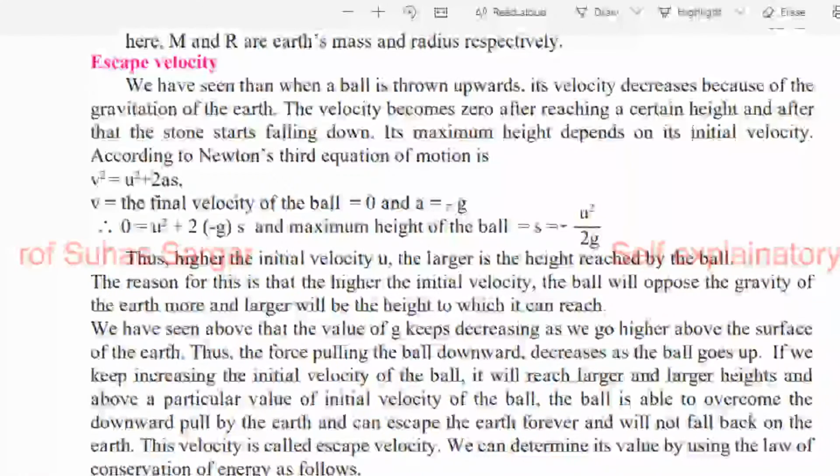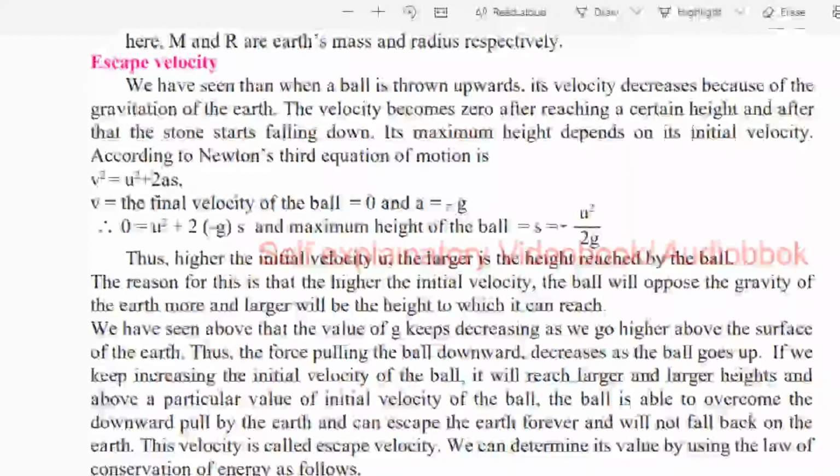According to Newton's third equation of motion, small v square is equal to small u square plus 2as. See the equation in the picture. Small v, the final velocity of the ball, is equal to 0 and the acceleration a is equal to small negative g.